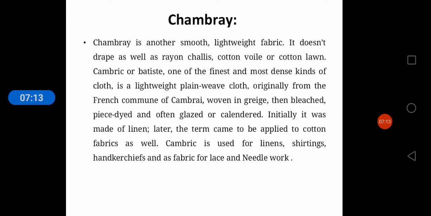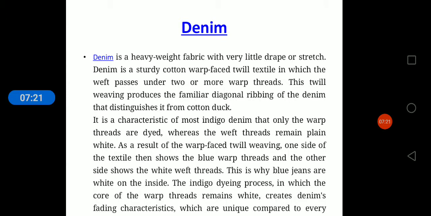It has a very smooth appearance, and it is also used for linen fabrics, sheetings and handkerchiefs. And denim. Denim is a heavyweight fabric with very little drape or stretch.